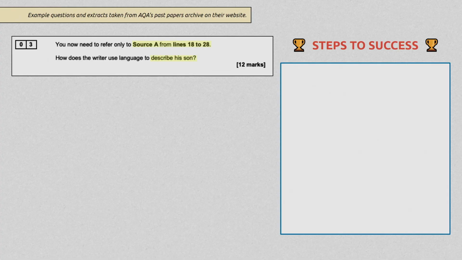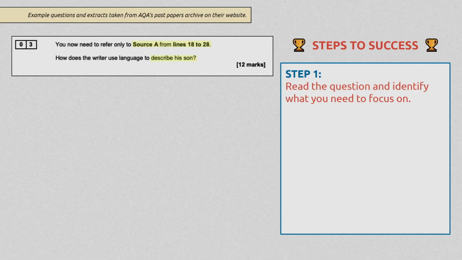So here is what a question 3 of Language Paper 2 looks like. You now need to refer only to source A from lines 18 to 28. How does the writer use language to describe his son? So what are the steps that you can follow in order to be successful in answering this question? First of all, you need to read the question and identify what you need to focus on.